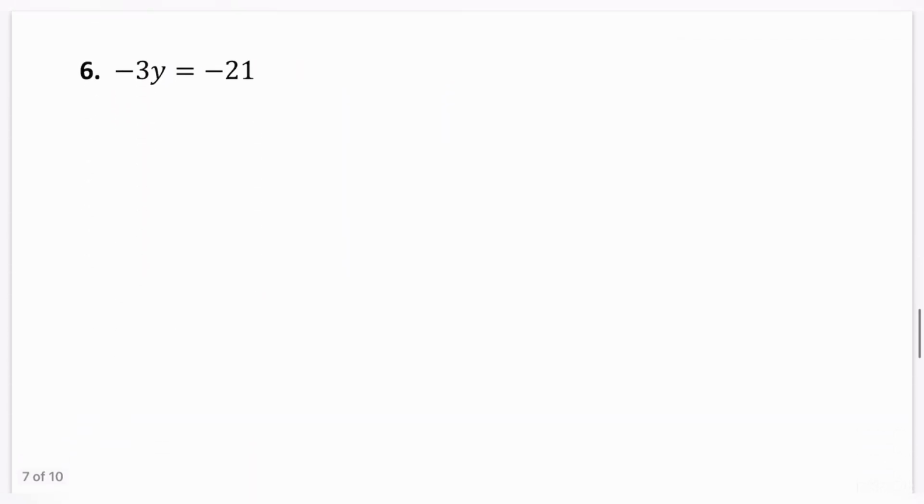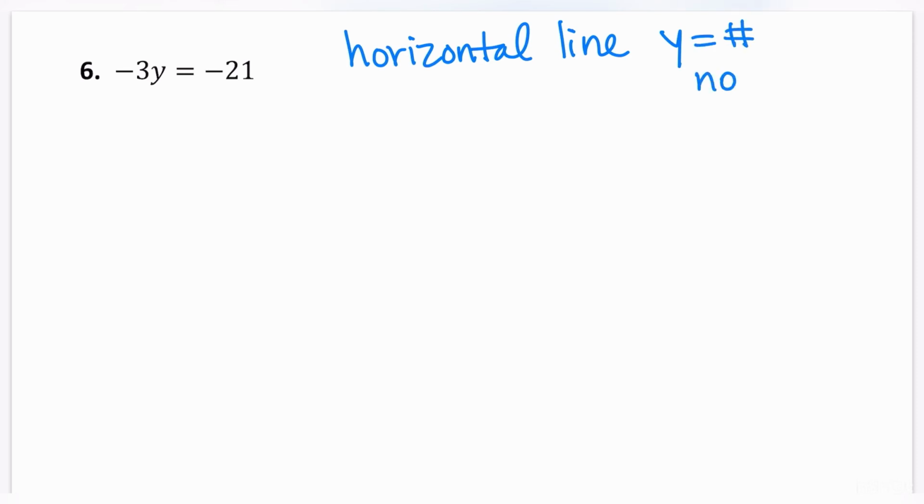In question number 6, I notice there's only a y. Because there's only a y, I know that this is going to be a horizontal line. The equation of a horizontal line is y equals some number. There is no x at all in the equation. So if I go ahead and divide by -3, I get y is equal to +7. This is the y-intercept.